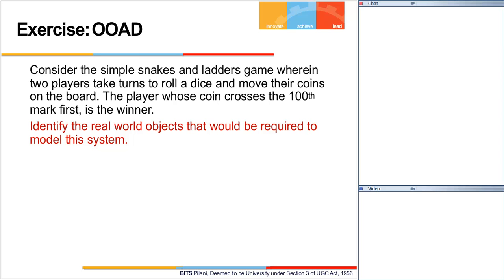The player whose coin crosses the 100th mark first is the winner, right? It's a normal snakes and ladders game. Now in this case, you have to identify the real world objects. You can type in the chat and we can move ahead and discuss. What will be the real world objects in this case?